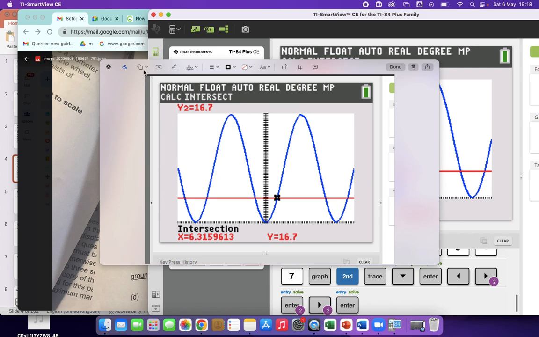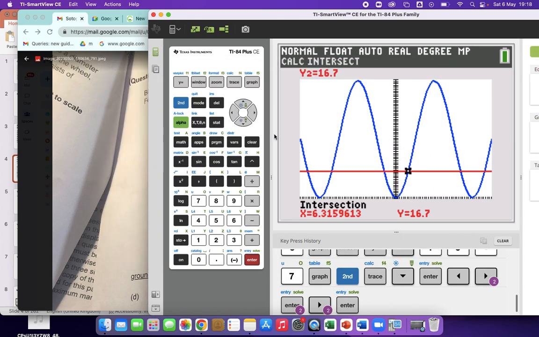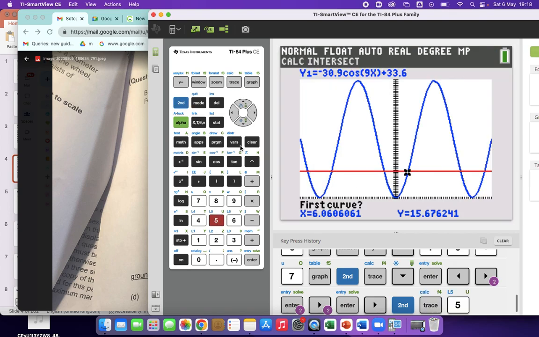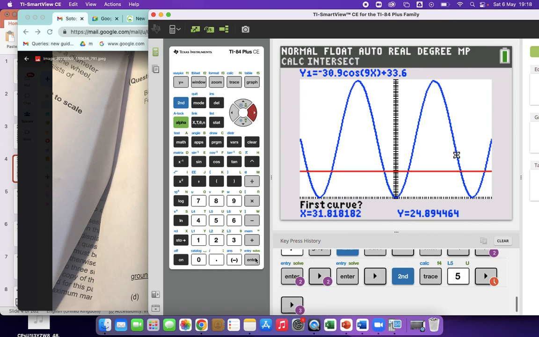And we know that it's going to be higher than the big statue now beyond for this next section of the graph until it gets back down to this red line. So we're going to do the calc again. We're going to do the intersect, which is number 5. We are going to do the first curve, enter, second curve, enter, and then we're going to go on the curve, enter again.